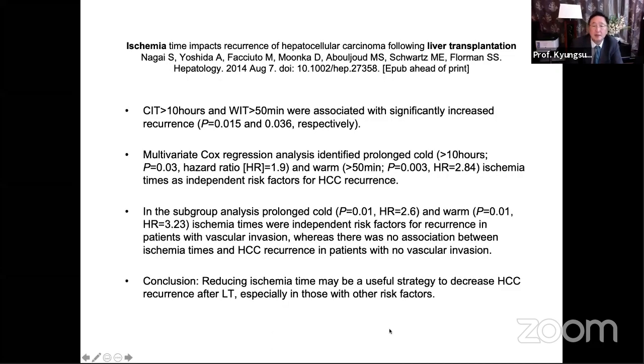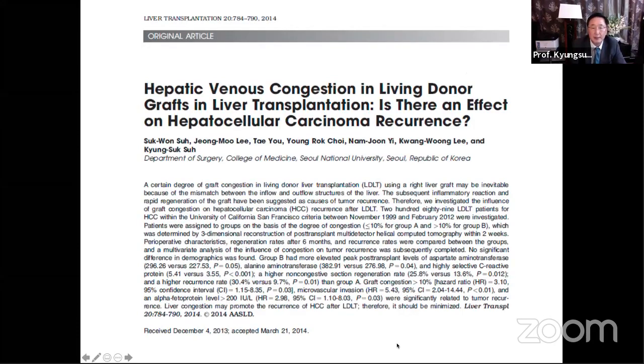There are several clinical supporting evidences. Nagai et al. reported that long ischemia time is a risk factor for recurrence of HCC at liver transplantation. Actually in LDLT, living donor liver transplantation, graft congestion sometimes develops due to hepatic vein stenosis, and our team reported that graft congestion was significantly related to tumor recurrence of HCC at LDLT.